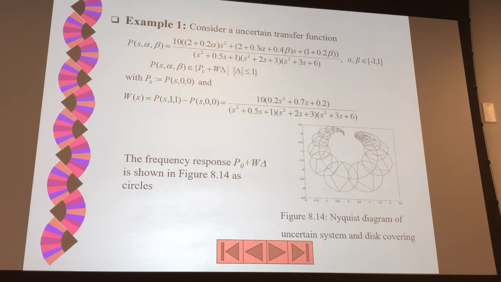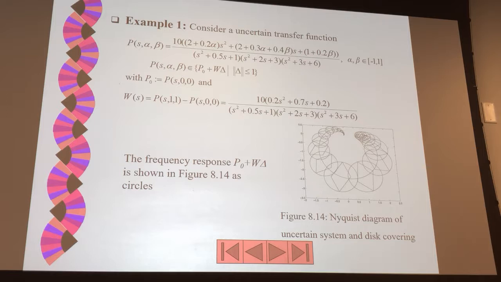So let's see an example, which is more interesting. Let's see a SISO example. This example shows that I have a transfer function with a numerator and denominator, and some parameters alpha and beta. I know that alpha and beta change in this interval.